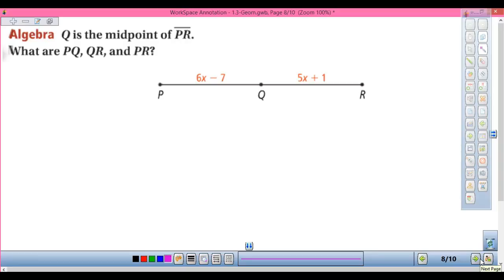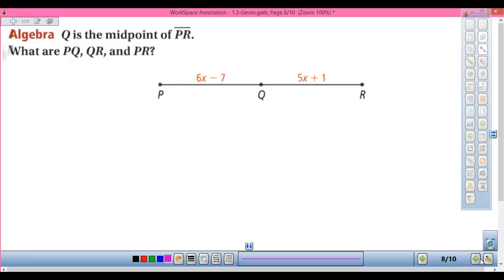Okay, so if it says Q is the midpoint, what do I know about PQ and QR? They're going to be the same. So how can I solve for X if they're the same? Right?